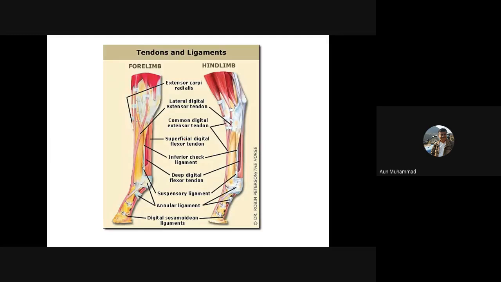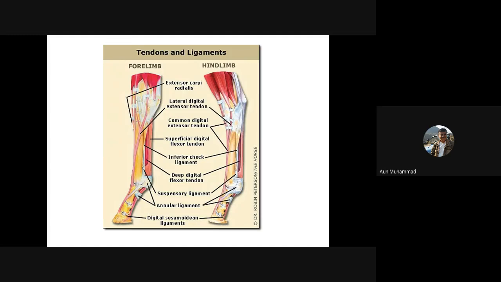If you look at the anatomy, this picture shows the muscular positions of the forelimb and the hind limb. You can see the different types of muscles and tendons present.